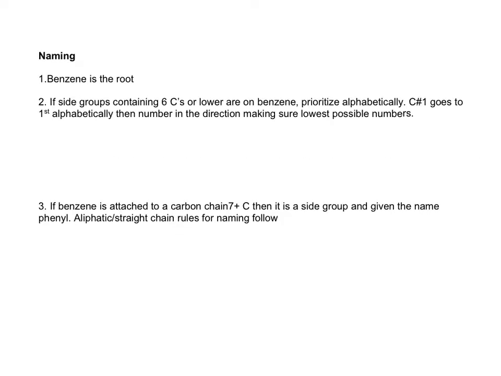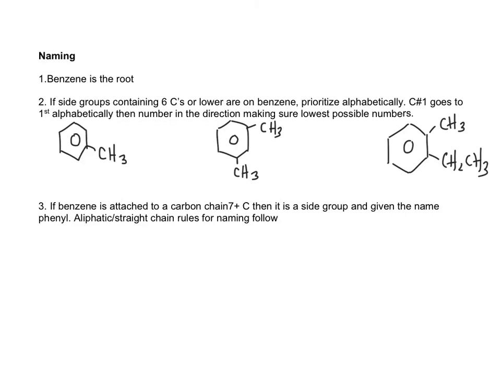So benzene is the root of our name, and if this side group contains 6 carbons or lower, then we prioritize them alphabetically. Carbon number 1 goes to the first alphabetical group, and then you number in the direction to make sure you get the lowest possible numbers. So let's look at these two examples. So this first one here on the left.